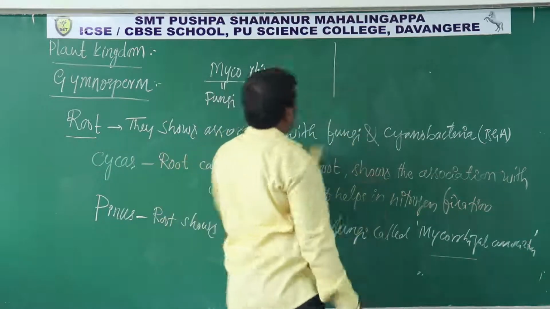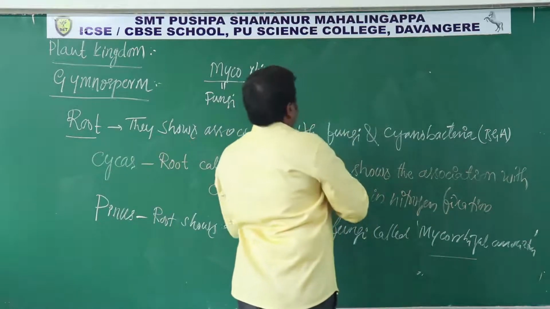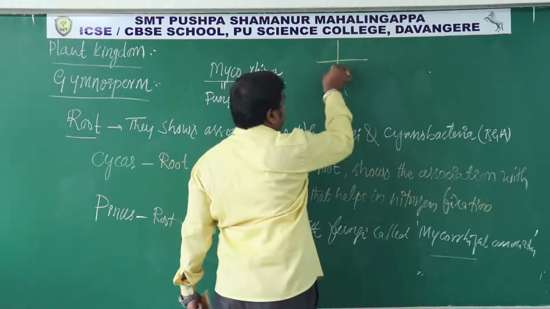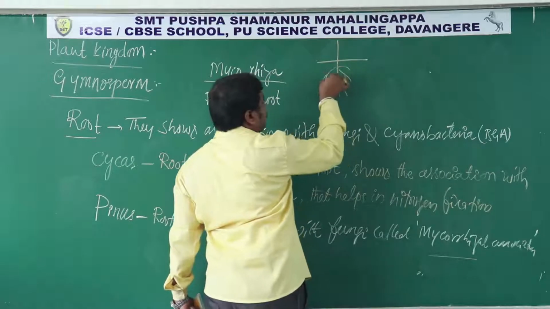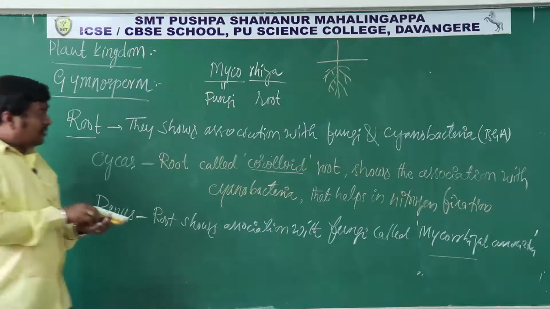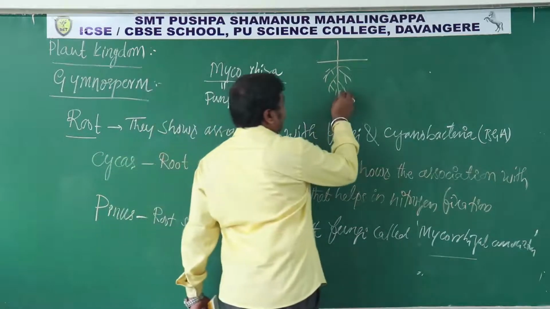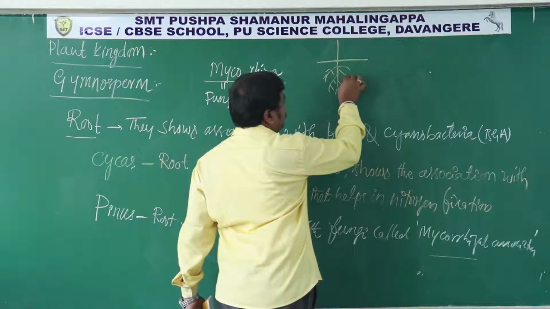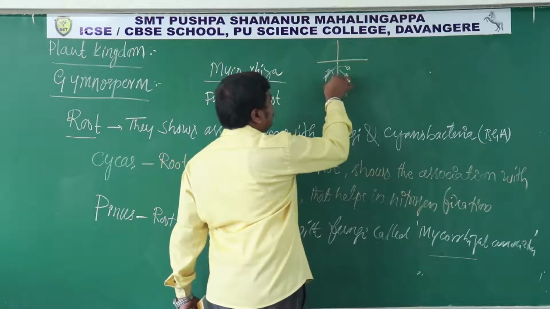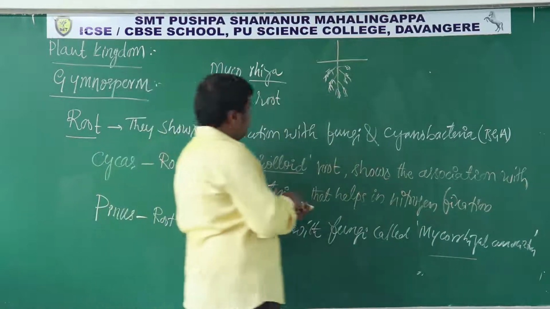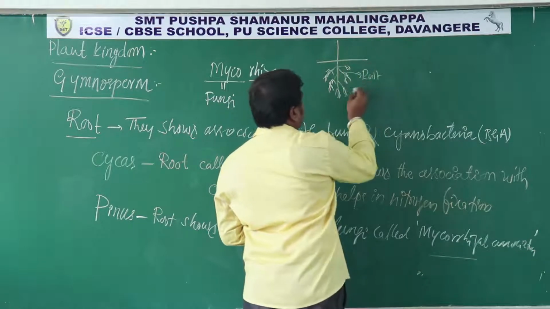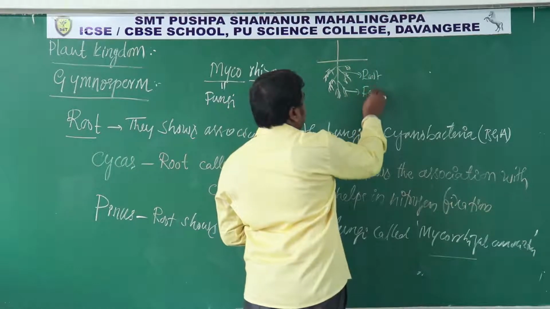So what is that mycorrhizal association? Suppose this is a plant which shows the roots. Of course, the same thing is applicable to gymnosperms as well as angiosperms. Here on the root, fungal hyphae grow. So this is the root, and this is fungi.